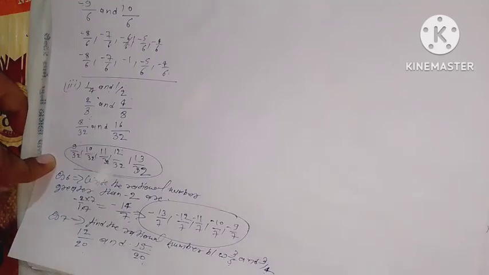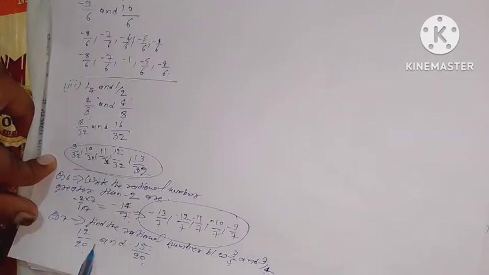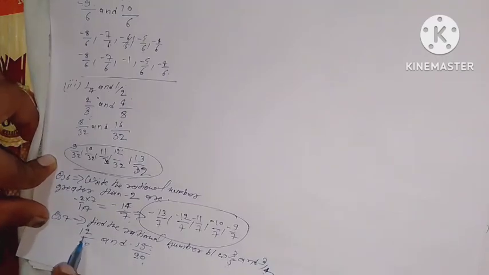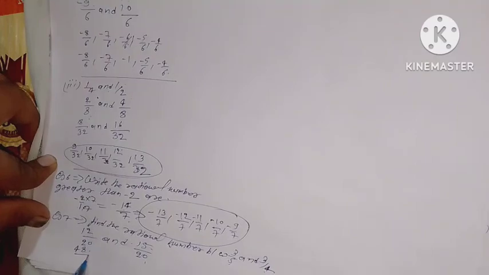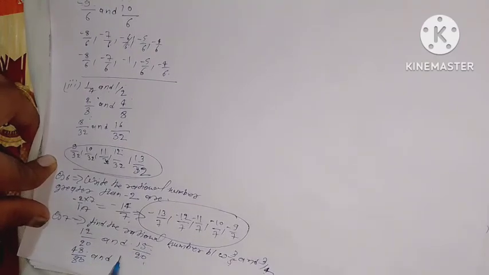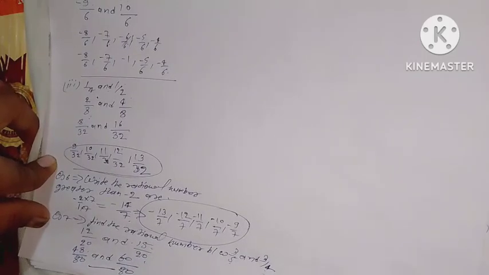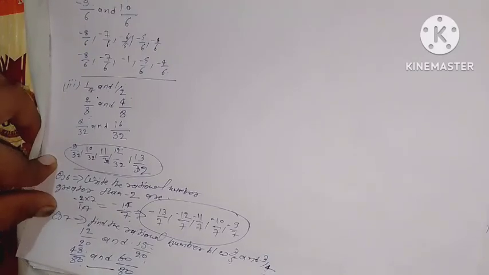So we will multiply both rational numbers by 4. Then 4 times 12 is 48, and 4 times 20 is 80, and 4 times 15 is 60 upon 80. There are many rational numbers present between 48/80 and 60/80.